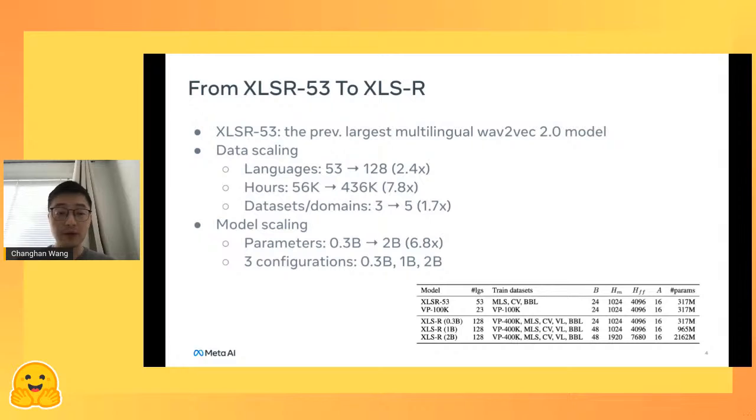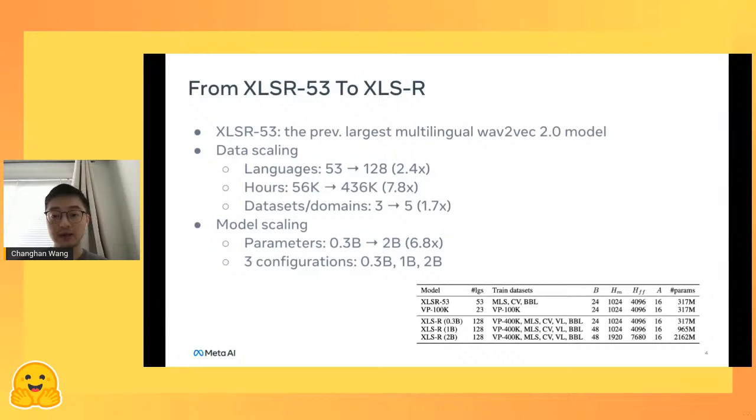And here is a comparison between XLSR and XLSR 53, which is the previous largest multilingual Wave2Vec 2.0 model. We can see that the data scale and model scale have increased significantly from XLSR 53 to XLSR. For example, we scaled the number of languages by 2.4 times, reaching 128 languages.